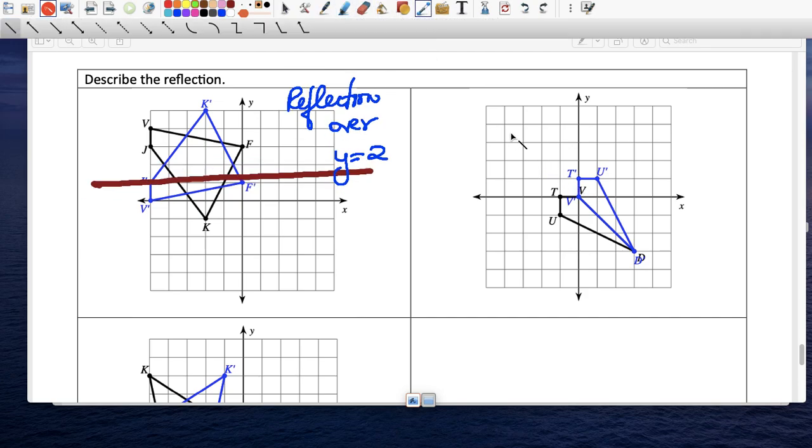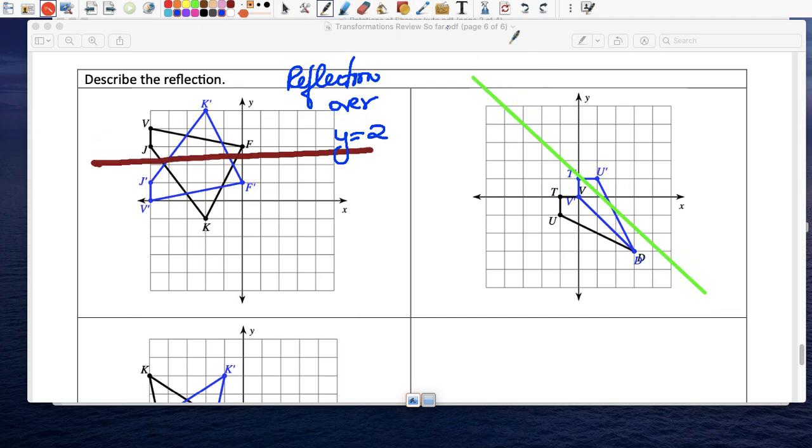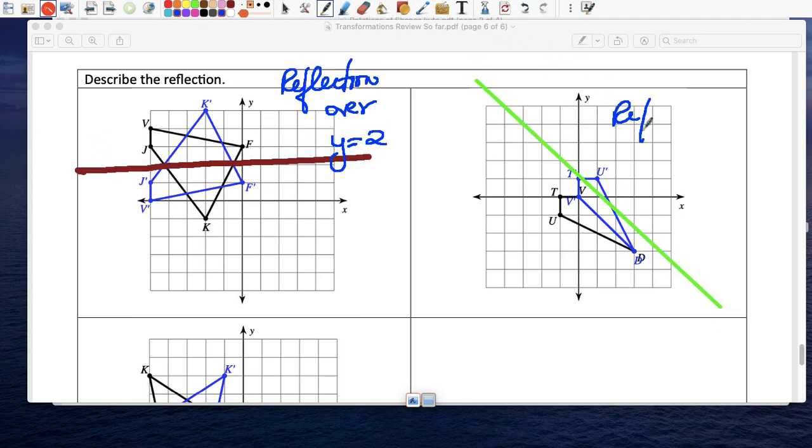This one, I think you can see that the line of reflection is right here. So this is a reflection over y equals negative x.